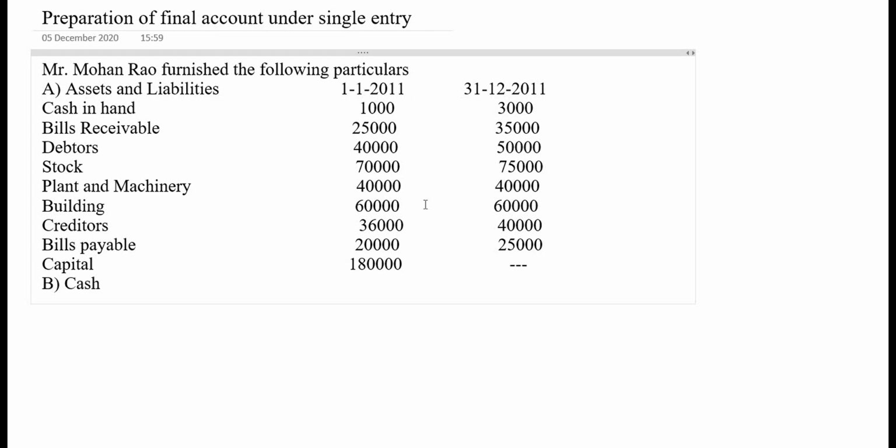The next one, B, cash transactions during the year. Receipts from debtors rupees 2 lakhs.